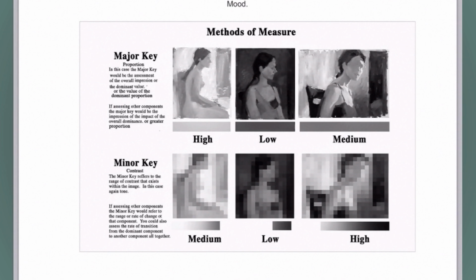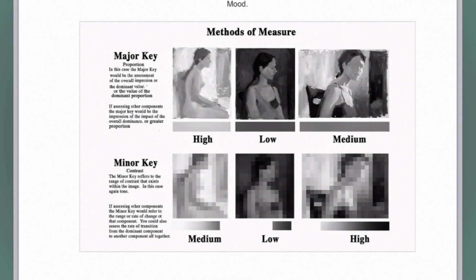That's what you see underneath those pixelated images, is the range of contrast. So the range of contrast in the first one is medium. The range of contrast in the middle one is low. And the range of contrast in the one on the right is very high. Okay? So it's the combination, or the result, of your major key and your minor key that actually create the mood of an image.